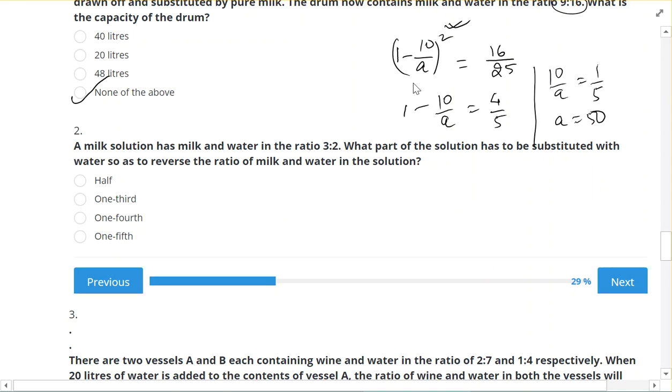3 is to 2. What part of the solution has to be substituted? Say x part of the solution has to be substituted with water. So milk is 3, water is 2.